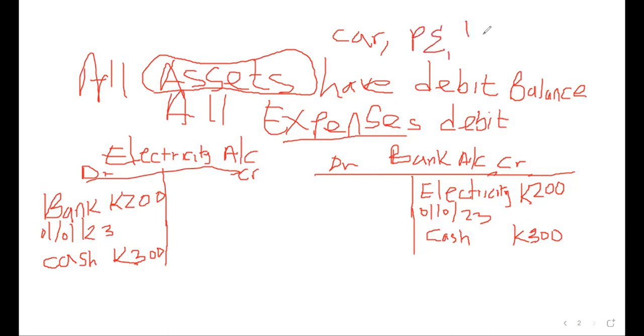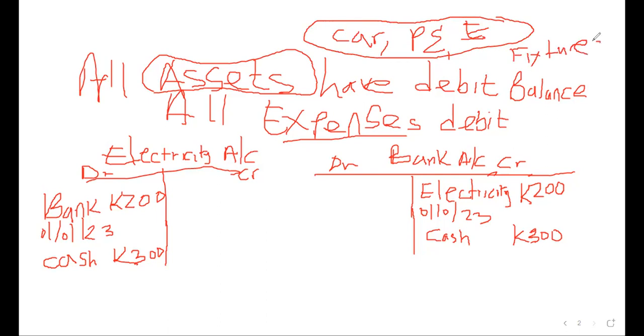These motor vehicles are fixed assets. You can also have fixtures and fittings. So these are our assets that bring economic benefits to the business that we need to actually consider.